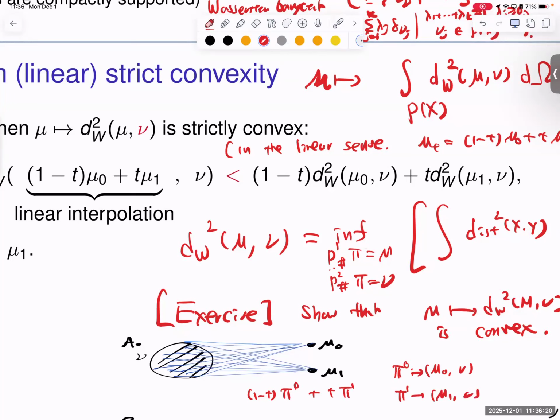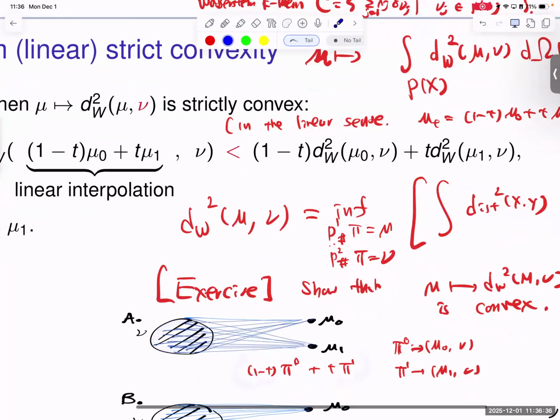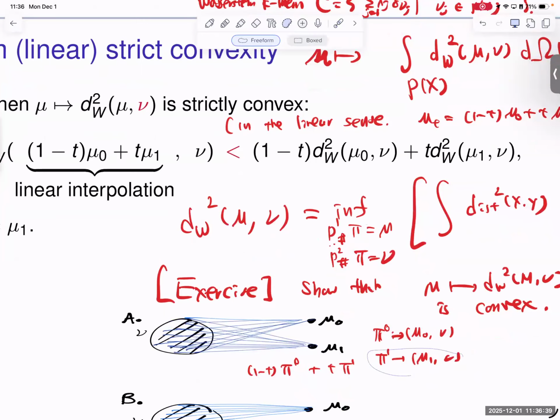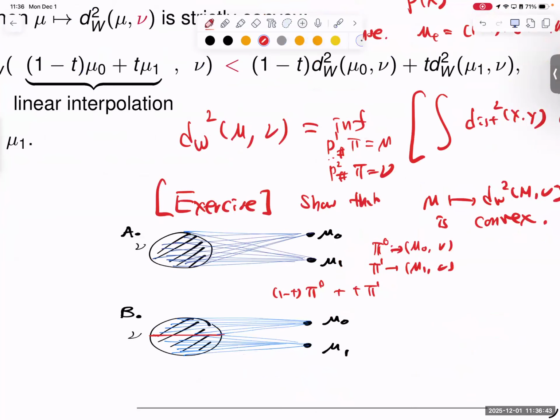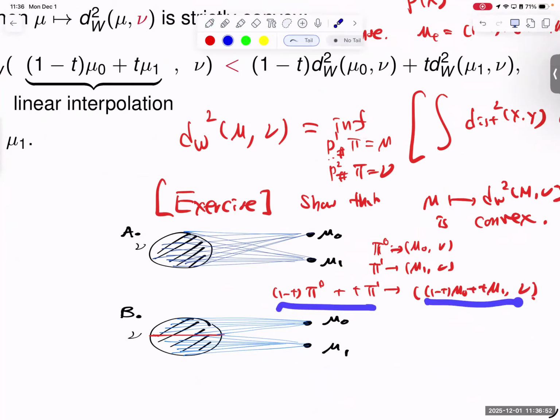If you take this linear combination, then obviously it is again a transport plan, corresponding to (1 minus t) mu0 plus t mu1, and nu. So this is a transport plan between these two.